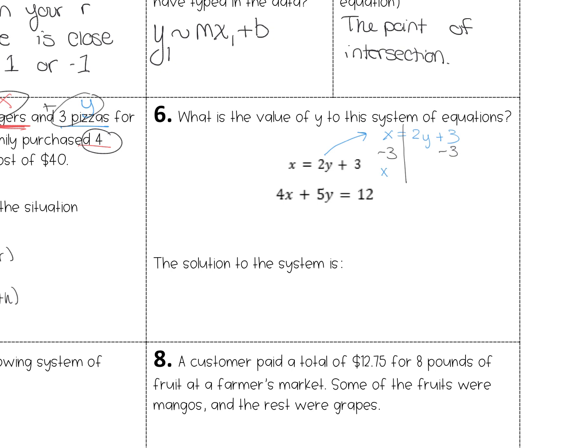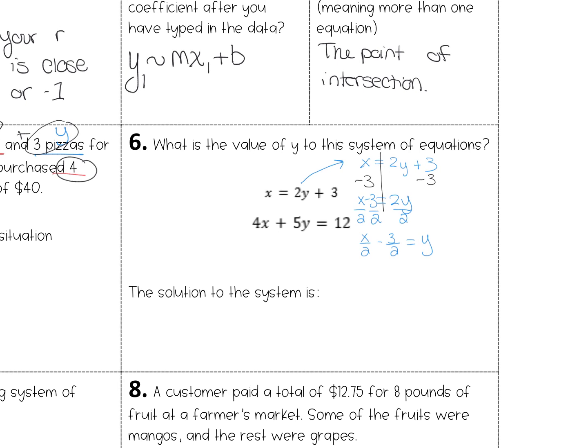I get X minus 3 equals 2Y, and I have to divide every piece by a 2. That gets me X over 2 minus 3 over 2 equals Y. I'm going to rewrite that one more time, in the other order. Y equals 1 over 2x minus 3 over 2. This is not my answer, but this was one of the equations I will type into Desmos.